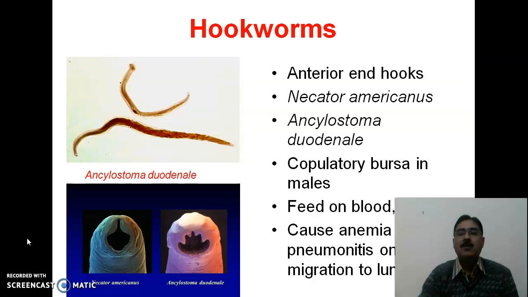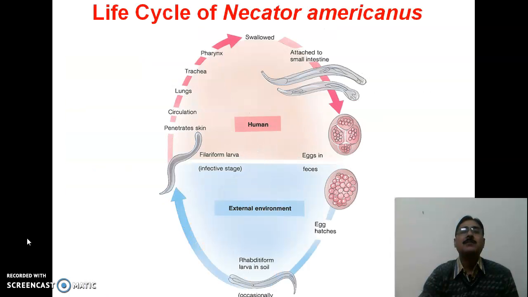This slide shows how the life cycle of Necator americanus takes place. First, the eggs are present in the feces, and when these eggs hatch in the external environment, there is formation of a larva, the rhabditiform larva, in the soil, and from it there is formation of the second larva, which is the infective stage, the filariform larva.